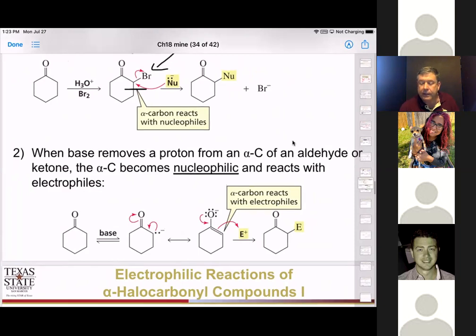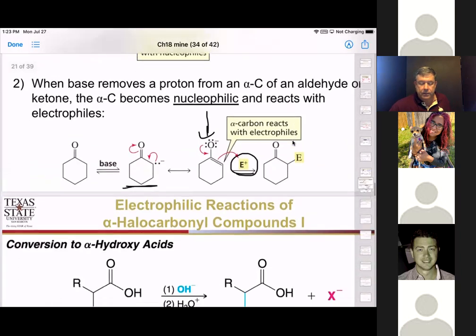Your enolate is the nucleophile, and you could attack things that are electrophiles to generate other compounds from it. So you use the halo reaction here to use it as the substrate for attack by nucleophiles, or you can deprotonate it and it is the nucleophile and it can attack other species.